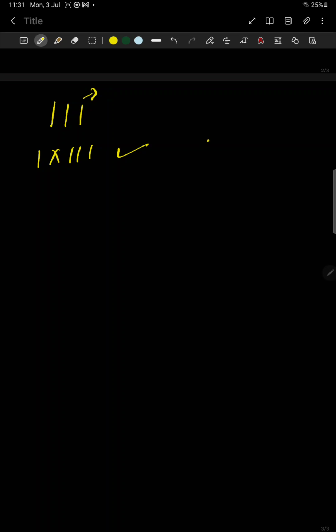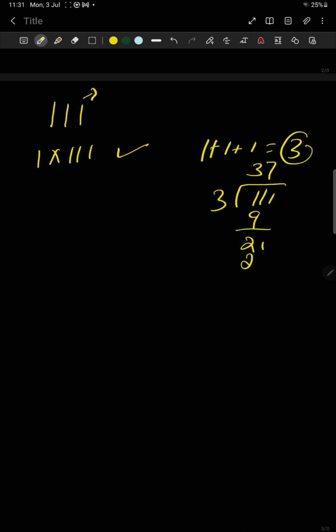Now by 3: 1 plus 1 plus 1 is equal to 3, and 3 is divisible by 3, so it must be divisible by 3. So we will check like this. 3 twos are 6, 3 threes are 9, so we will do it by 3. 3 threes are 9, 3 sevens are 21.